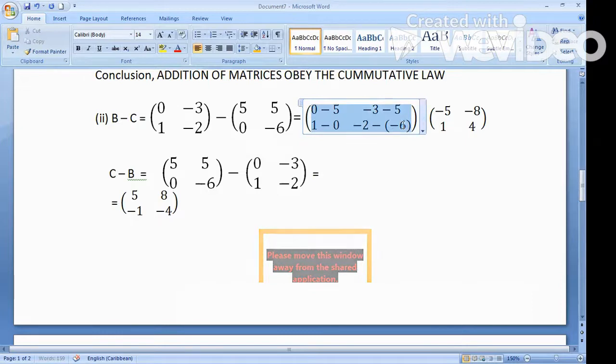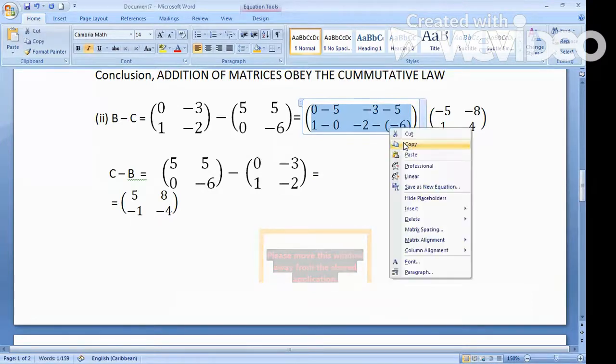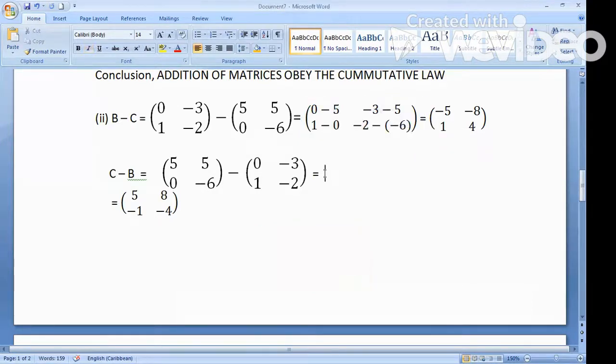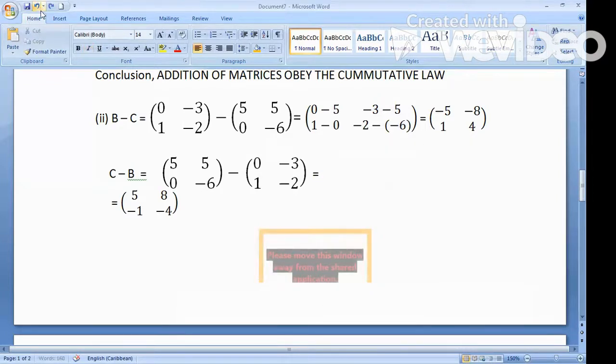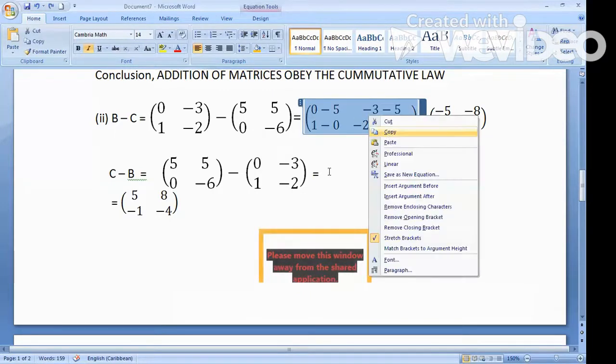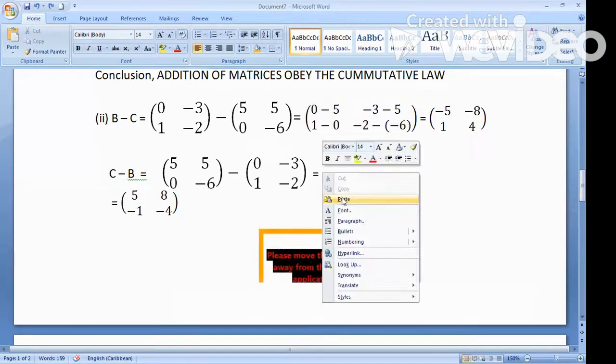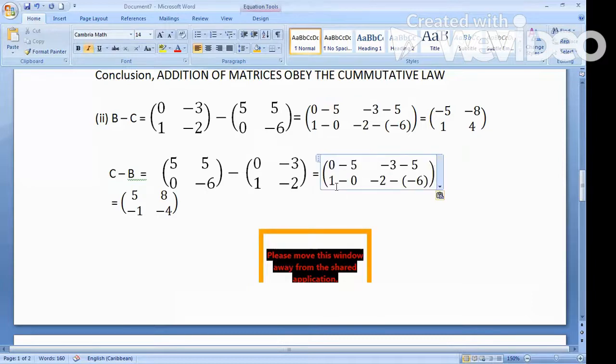All right, so this is going to be 5 subtract 0.